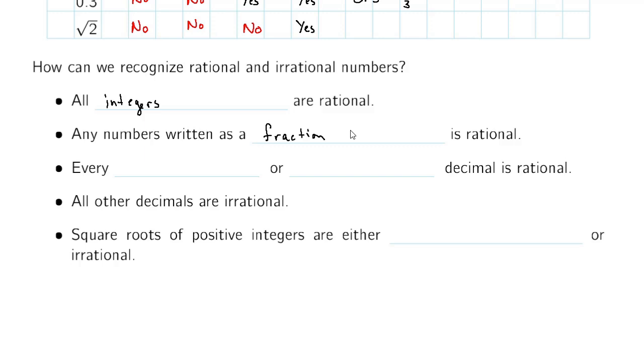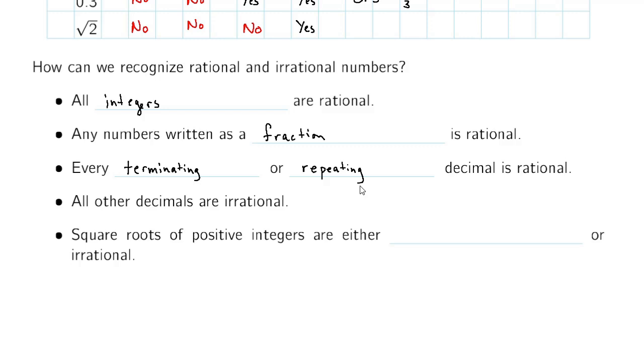What if we have a decimal? Well, if we have a decimal that is either terminating, so it stops after a certain number of digits, or repeating, so it has some pattern that repeats infinitely after a certain number of digits, then that decimal represents a rational number. Every other decimal is irrational.